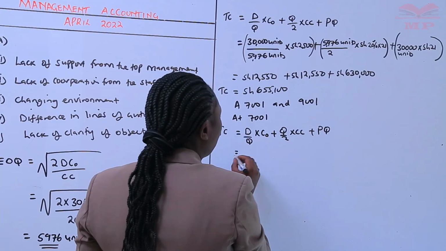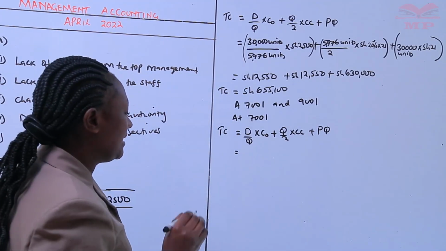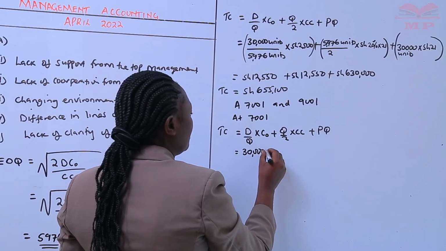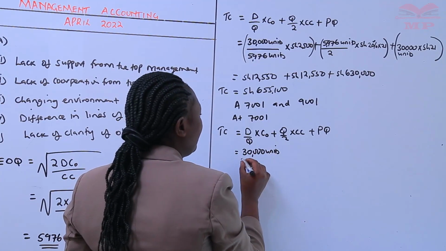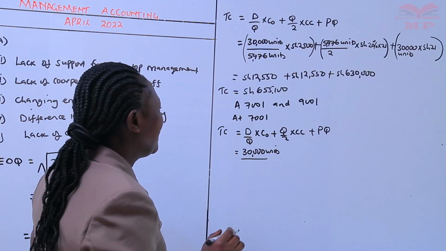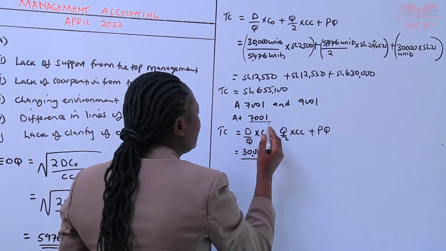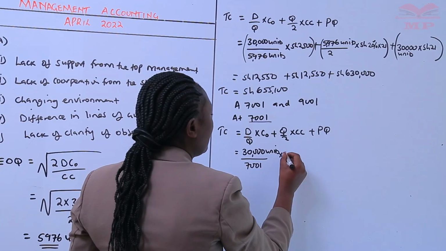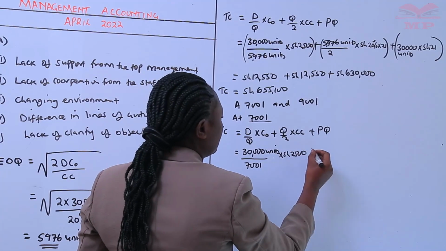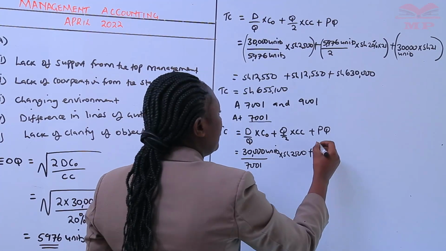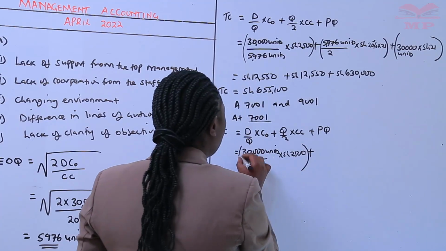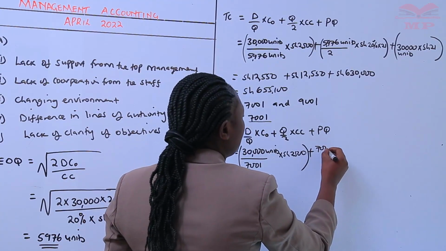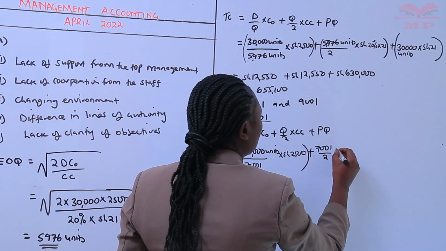And so the annual demand, according to the assumptions, remains constant. So it is 30,000 units divided by the order quantity, in this case 7,001, times the ordering cost, which remains constant, plus the order quantity, in this case 7,001 divided by 2.